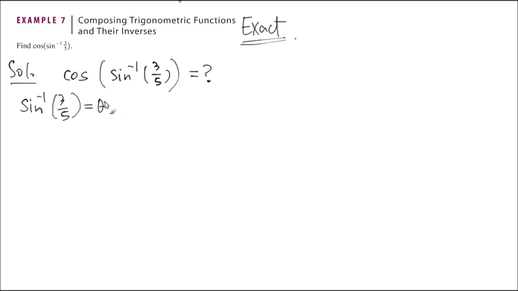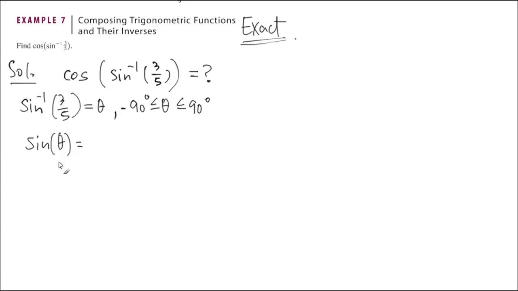Sine inverse of 3 over 5 is theta. What do you put here? Always sine inverse, negative 90 to positive 90. Then sine theta is... I had a difficult time getting this one right in a different class.